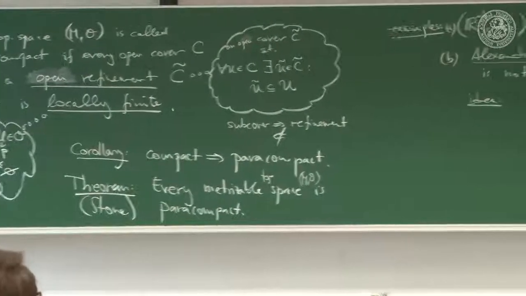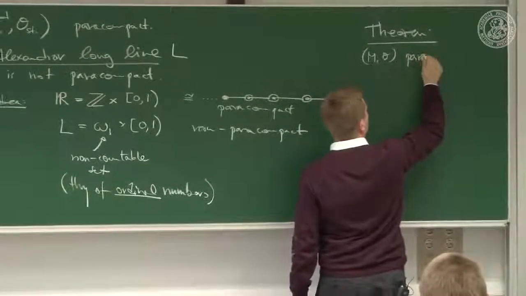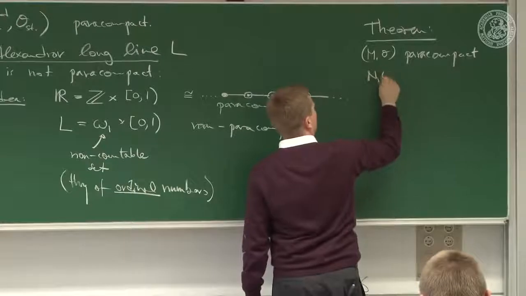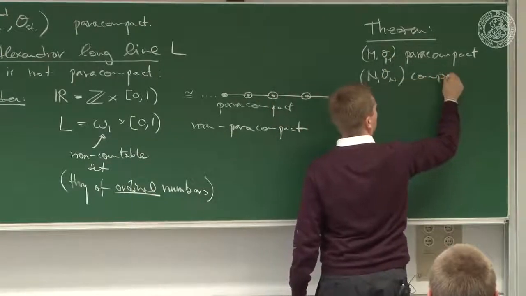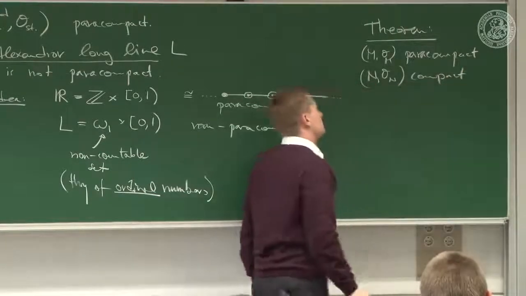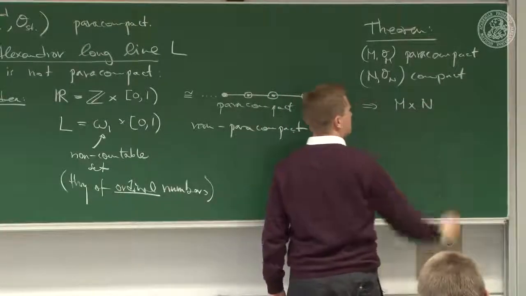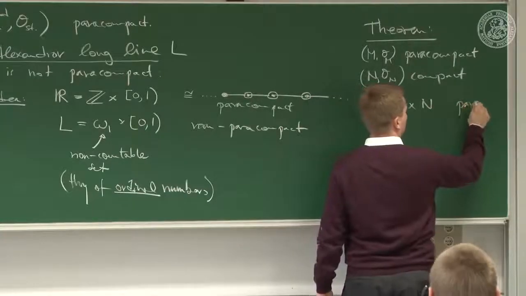Let M, O be a paracompact topological space, and let N, O' be a compact, not only paracompact, even compact topological space. Then M Cartesian product N is again paracompact.